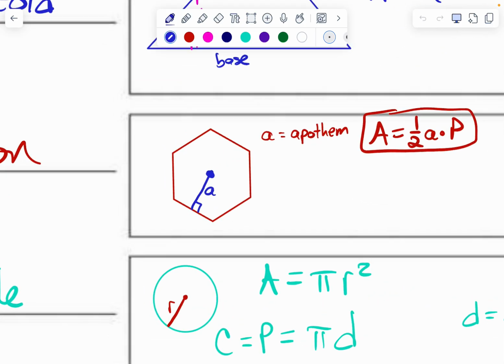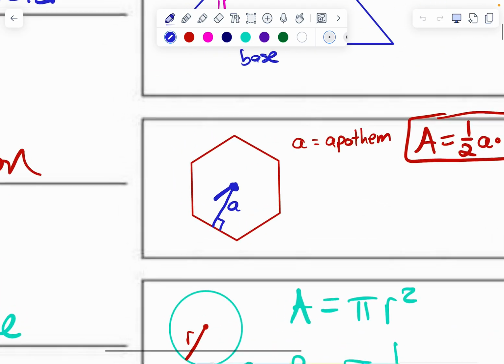Guys, I want you to think about where that comes from real quick. If we do like Kenzie suggested and make that a triangle, what would be the area of this triangle? What would be the equation for the area of the triangle? Go ahead. 1/2 A, the apothem, times the side length, right?